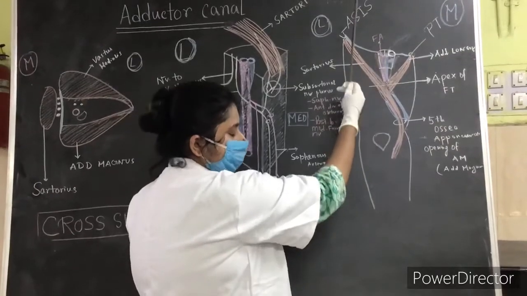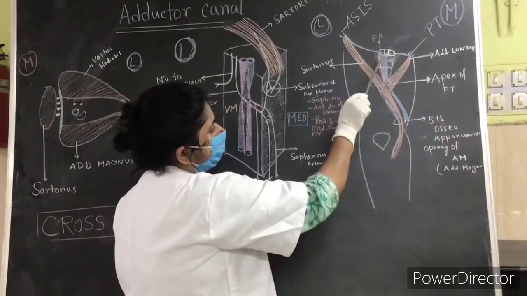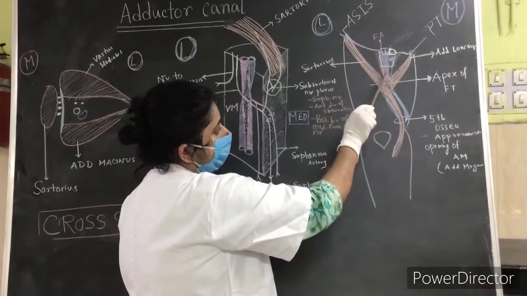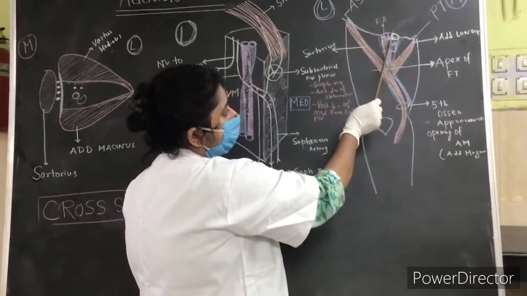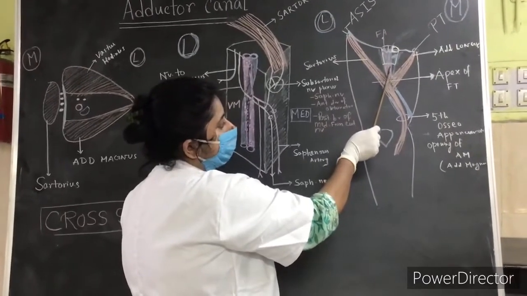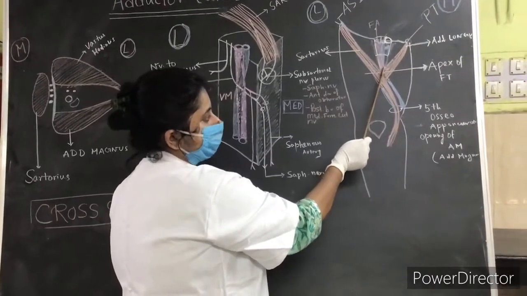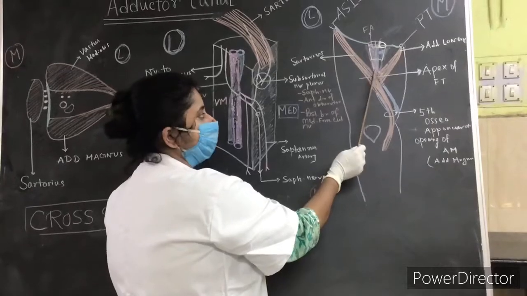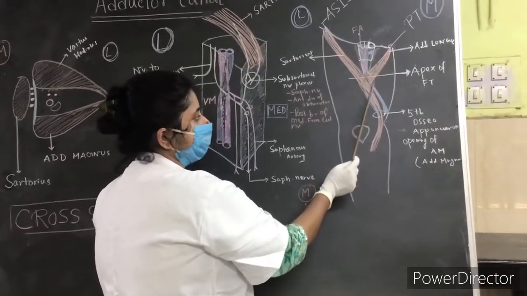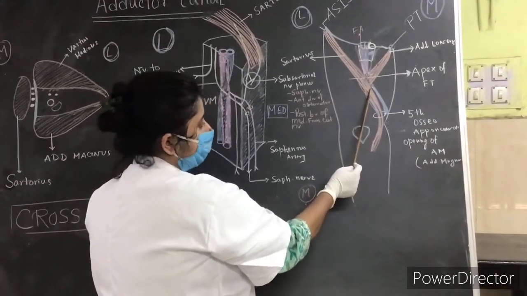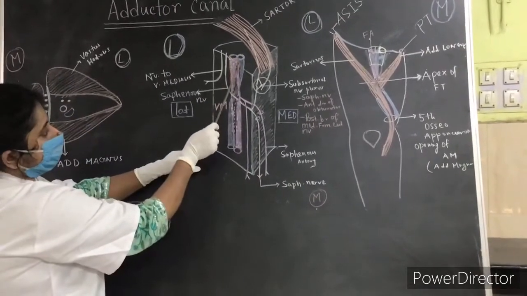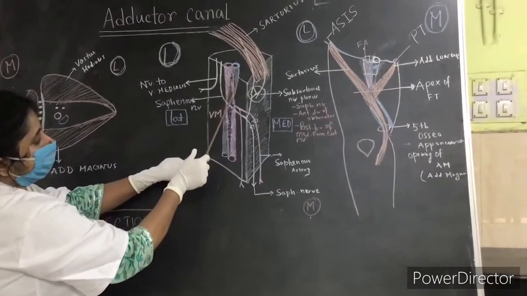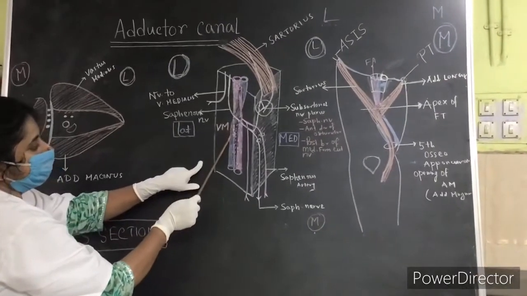Now when it descends downwards, the artery and vein, you can see here the vein, it was in the medial aspect of the artery, then it is going to the posterior aspect. At the apex of the femoral triangle, it goes to the posterior aspect of the artery. Now in the adductor canal, we can see from this picture that vein from the posterior aspect ultimately goes to the lateral aspect.